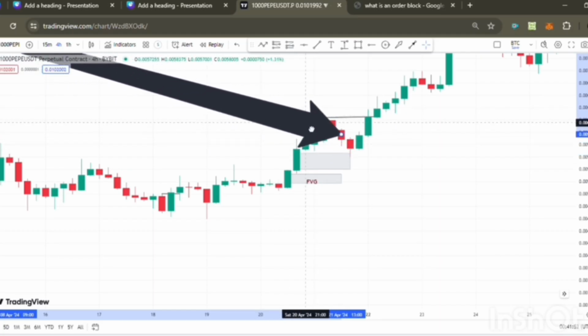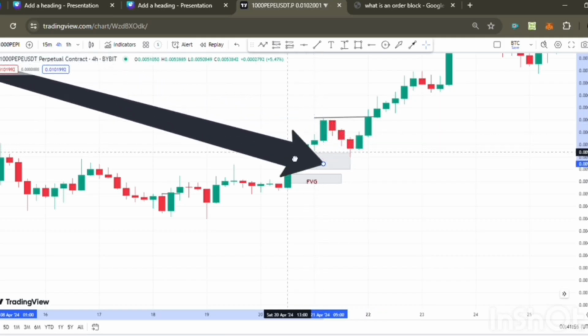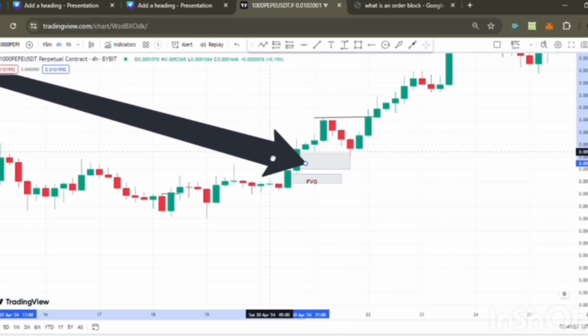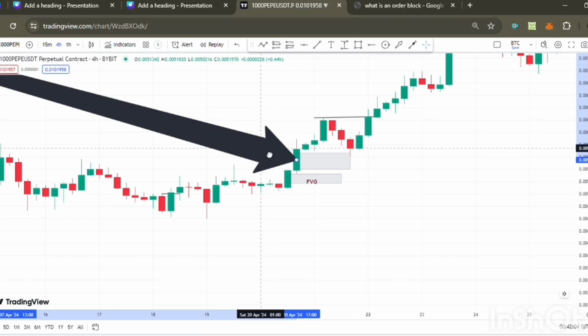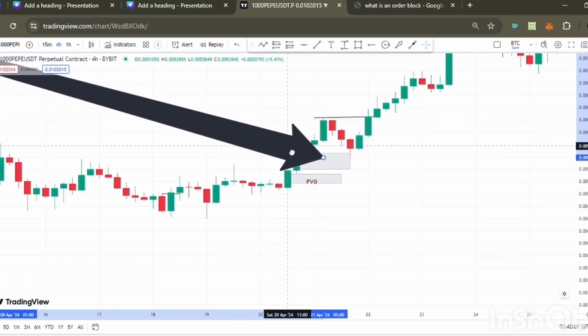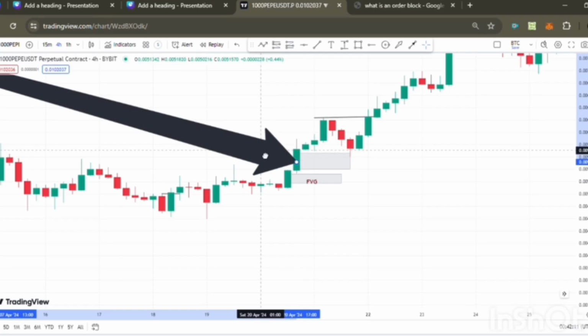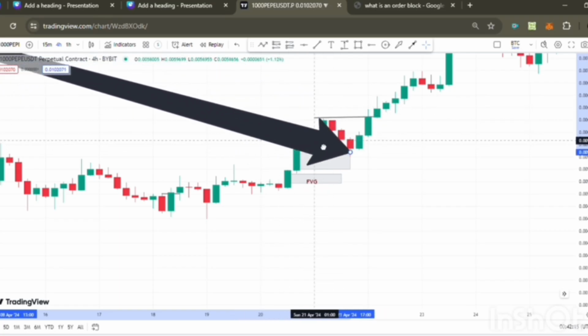After the market made some minor retracement, it now filled at least 40% of the market imbalance, or the market gap. The market filled at least 40% of the gap, then broke that structure again.